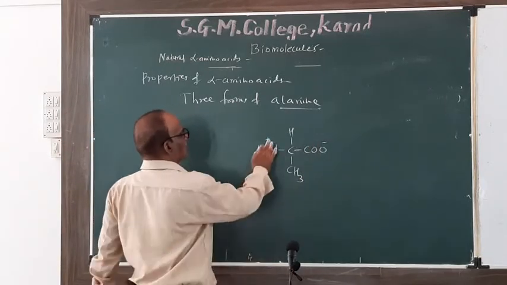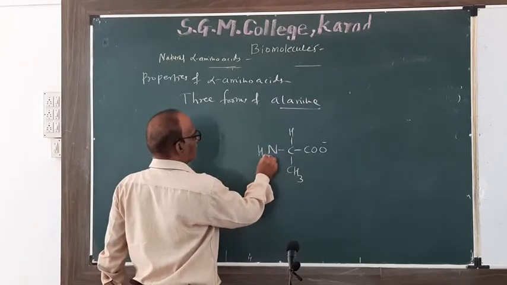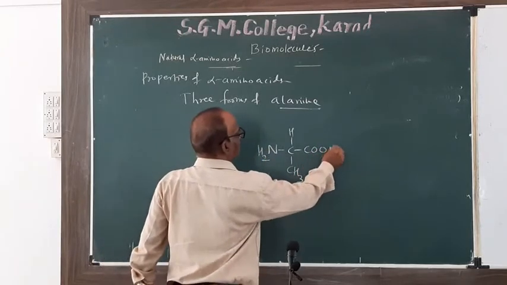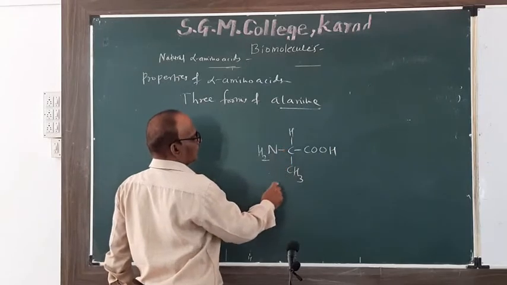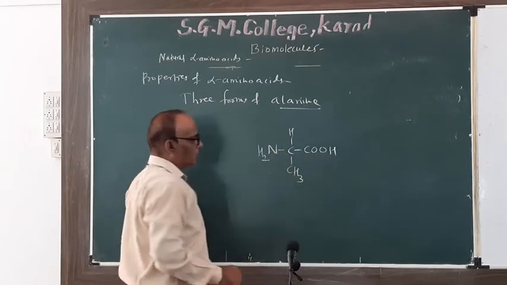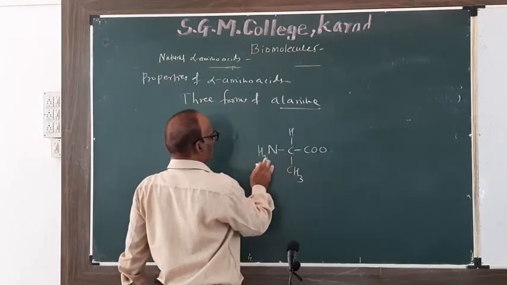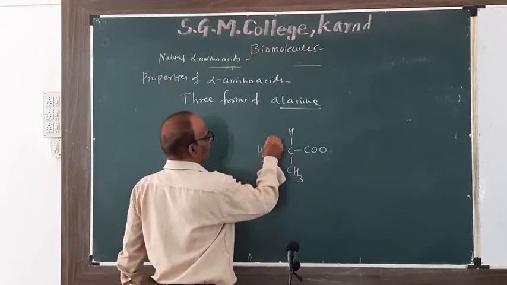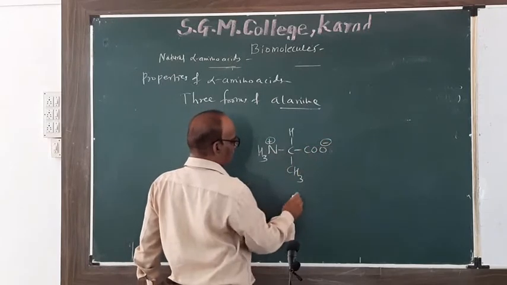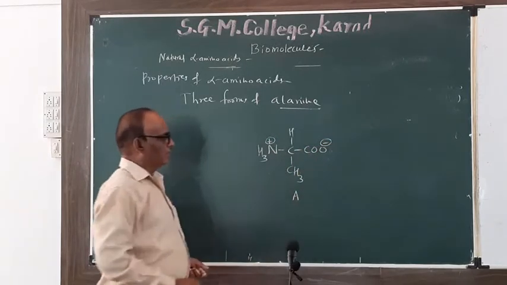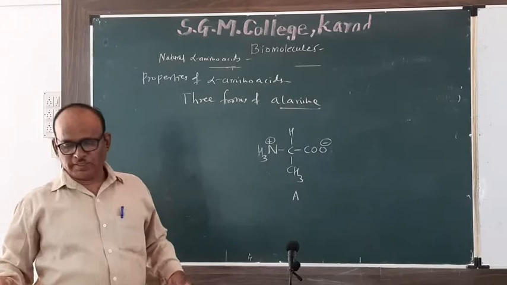Alanine has this type of structure. The original structure of alanine is like this: NH2, CH3, R meaning CH3 here, and the COOH group. This hydrogen or proton is donated to NH2, then it becomes NH3 and carries a positive charge, while this carries a negative charge. So this is structure A, the Zwitter ion of alanine.